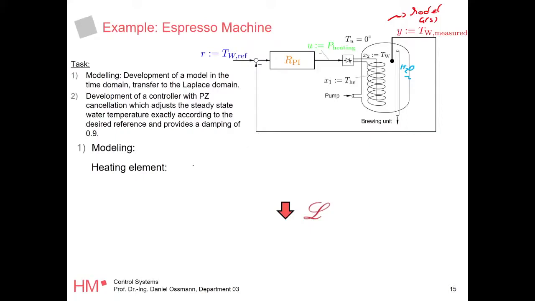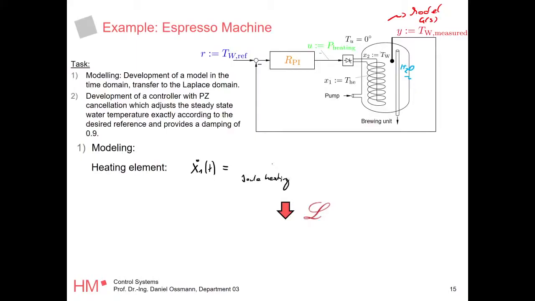So if you want to model that, we call that X1, which is the temperature of our heating element, and it's basically, when you remember thermodynamics, the capacity here, and the change in temperature of the heating element is the so-called Joule heating.